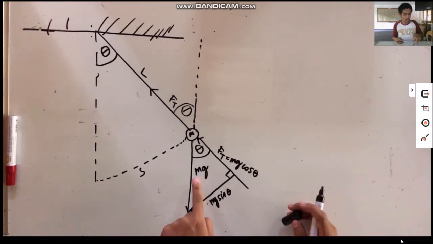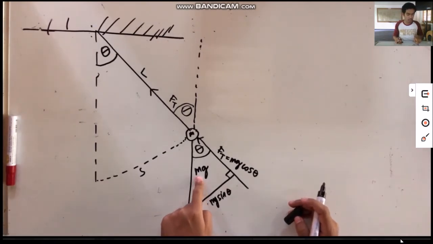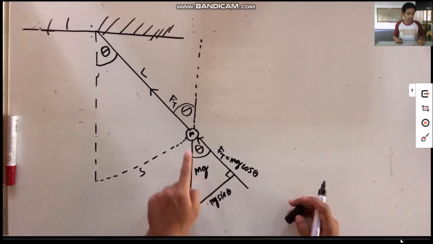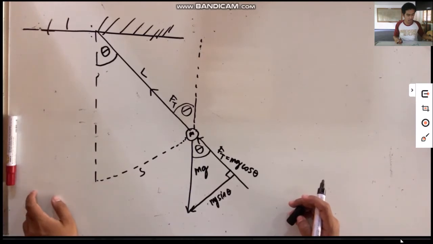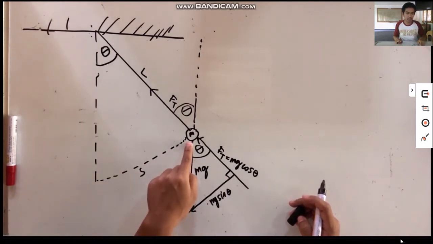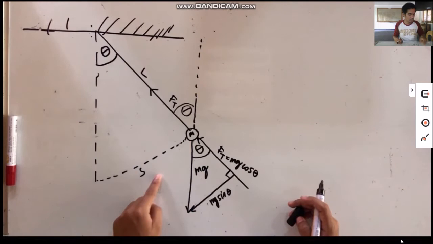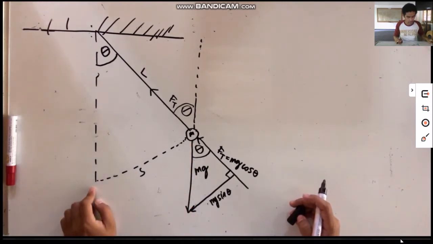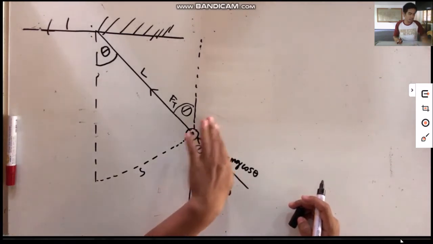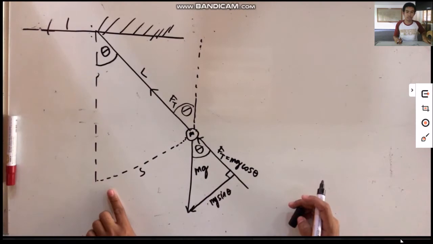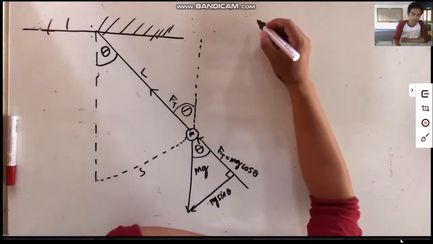What component of force is pushing the bob to the equilibrium position, or tends to return the bob to the equilibrium position? Mg sine theta. So there is a force acting on the bob that pushes it towards the equilibrium position, and that is what we call the restoring force.